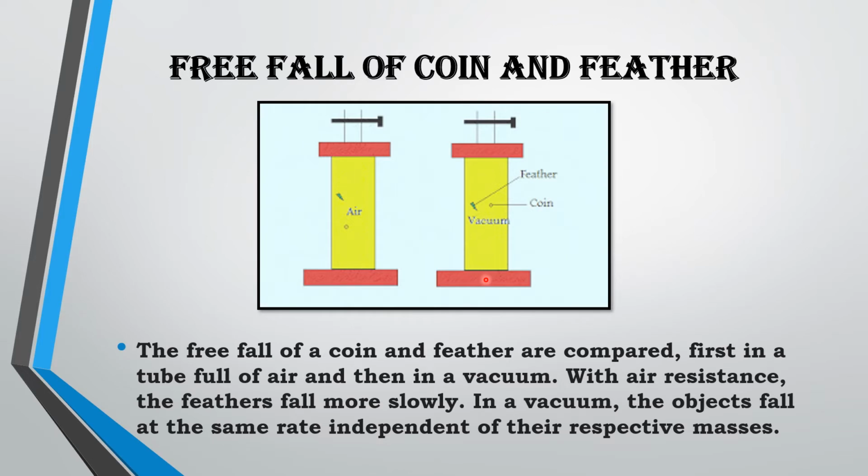This concept of inertia is displayed in the vacuum tube and explains why, even though the coin has a greater force of gravity acting on it compared to the feather, they fall with the same acceleration. Here you can see that in air, the coin will fall faster and the feather will fall afterwards. But in vacuum, both the things will fall at the same acceleration, at the same pace, in this tube.